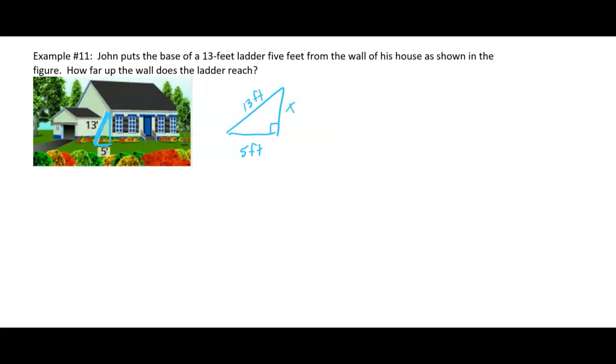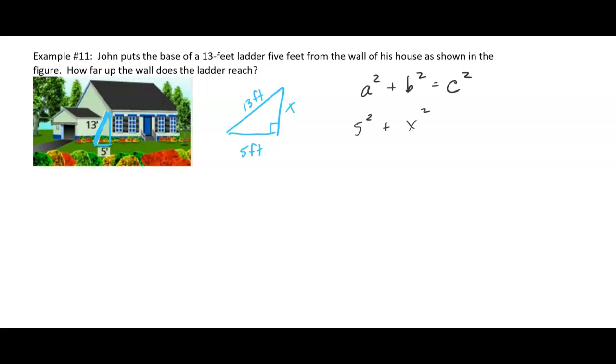So the Pythagorean theorem says a squared plus b squared equals c squared. It kind of looks different in the picture. It kind of looks like the plants are in the way, but that's what it is. And so we're going to get 5 squared plus, we don't know, squared. I guess I could put x there.